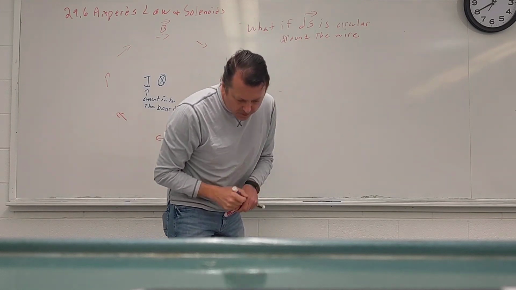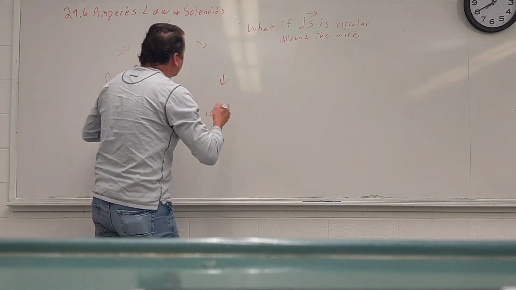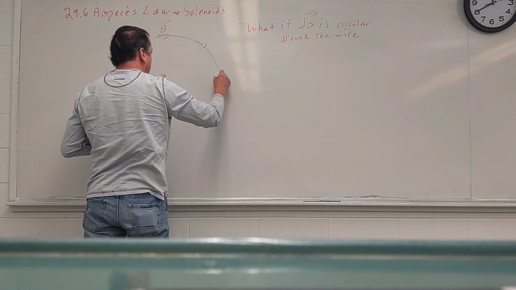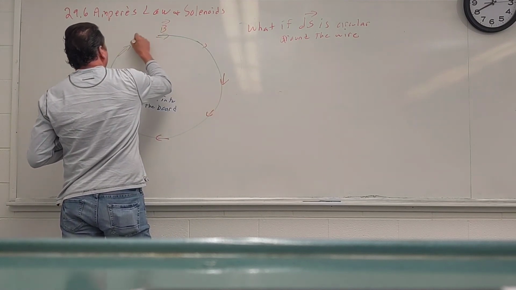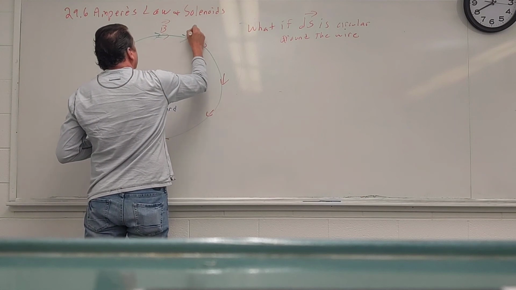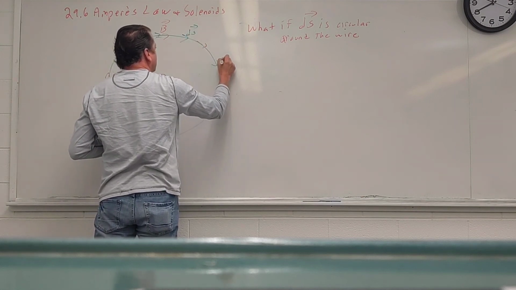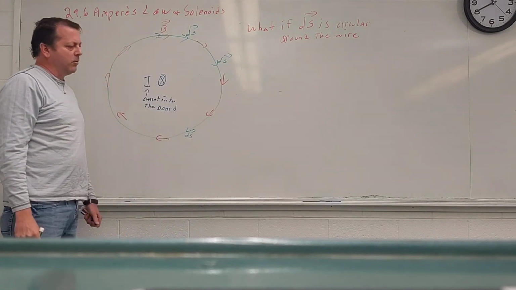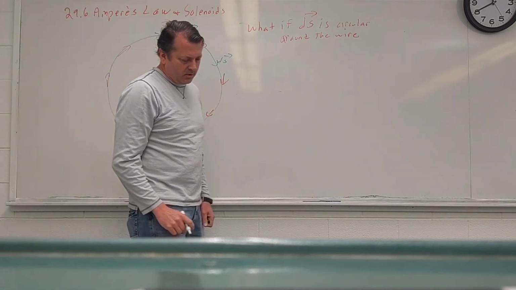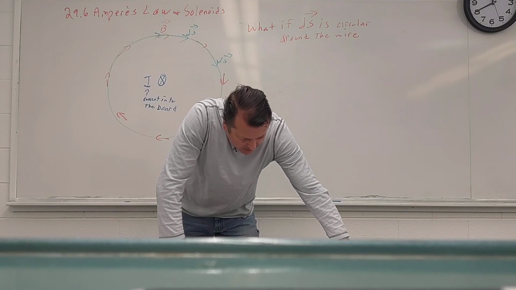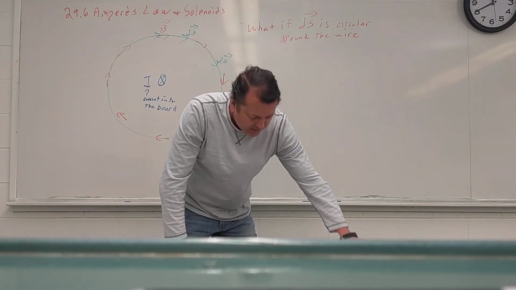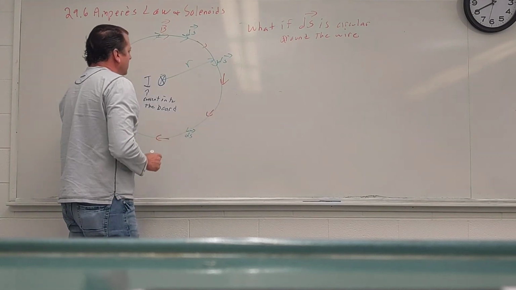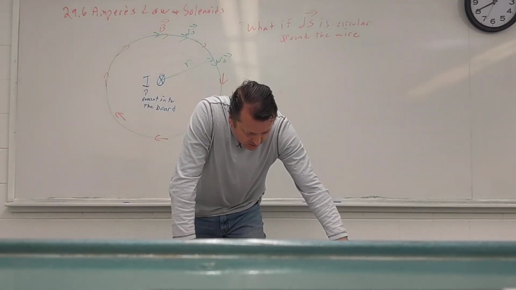Well, if that's true, then this is my ds. It's like that, a circle around the wire. We did that, and that'll give us some R there, some radius. All right.